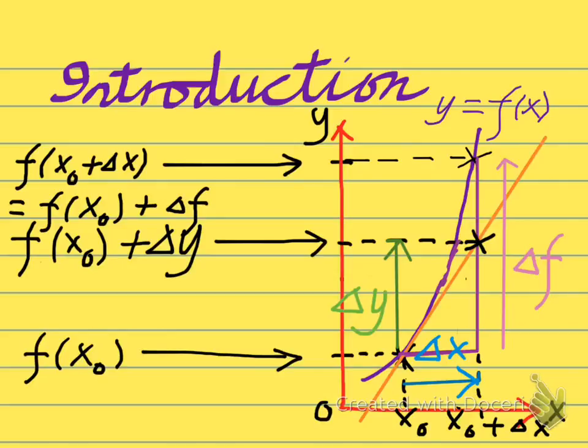Delta y indicates the rise of the tangent line from the point where x equal x0, y equal to f at x0 to the point where x equal to x0 plus delta x and y equal to f x0 plus delta y. And finally, delta x also indicates the increments in x from x0 to x0 plus delta x.